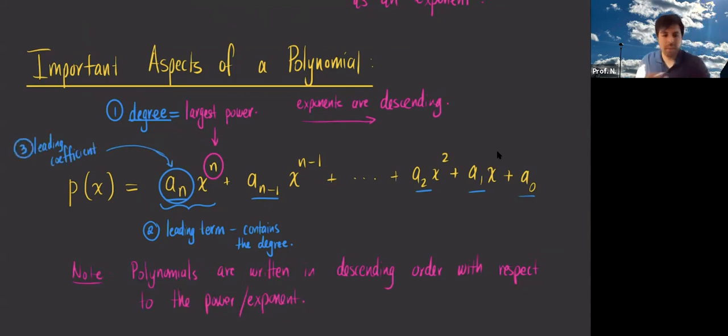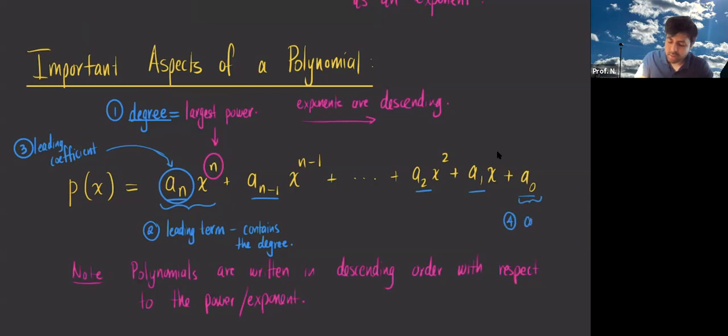So the leading coefficient is the coefficient of the leading term. That's how the word leading comes into play. We really care about this leading term because it influences a lot of what the graph will look like. And then at the very end, we have this a sub naught here.